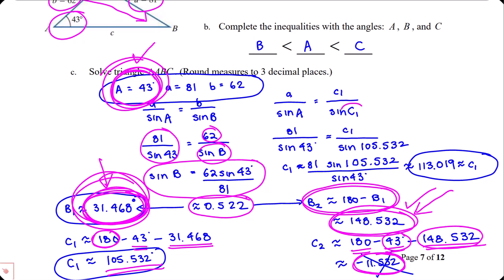If I know angle C, again, I'm using angle A and side A as my complete fraction, I can find side C. Because remember, to solve a triangle, I have to find all three sides and all three angles. In this case, they gave me two sides and an angle. I need to find two more angles. I did here and here, and I had to find the third side, and that's here.